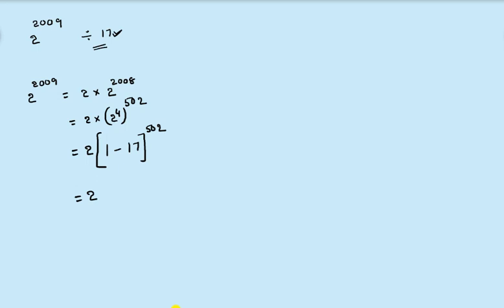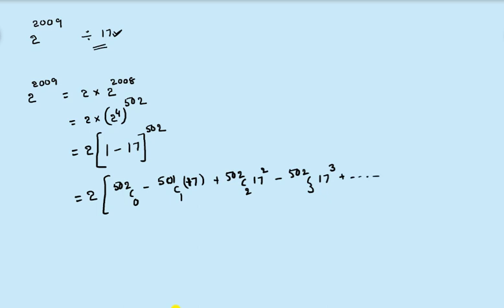If you expand this one, what happens? This can be written as 502C0 minus 502C1 into 17, next plus 502C2 into 17 square minus 502C3 into 17 cube plus and so on.